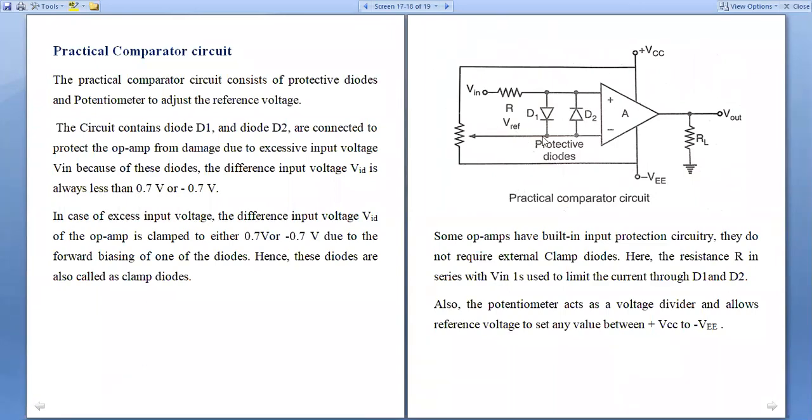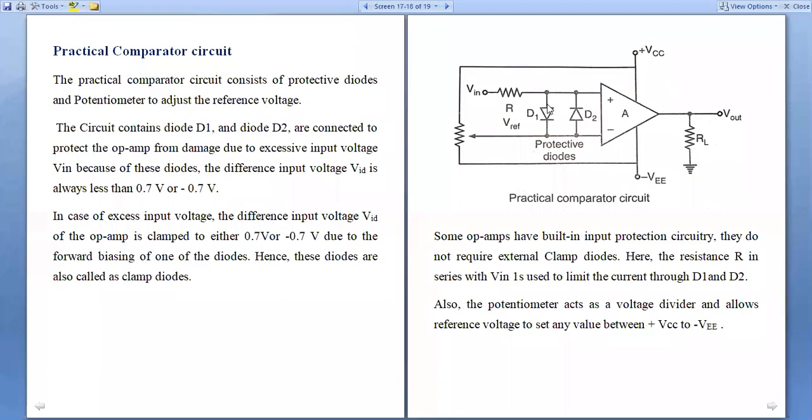Now if we see the operation, the input voltage is taken through the non-inverting terminal, bypassed through the input resistance, and then compared with the reference voltage and forwarded to the operational amplifier. The reference voltage is obtained from the potentiometer circuit, which is derived from plus VCC and minus VEE.